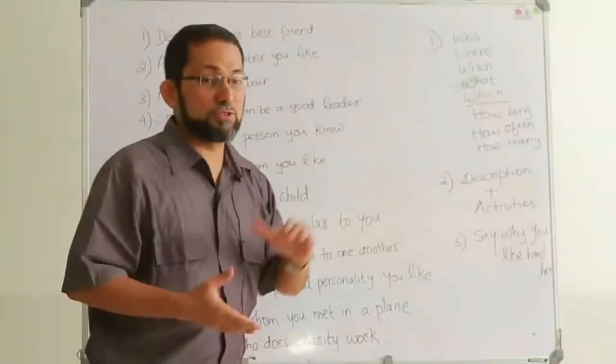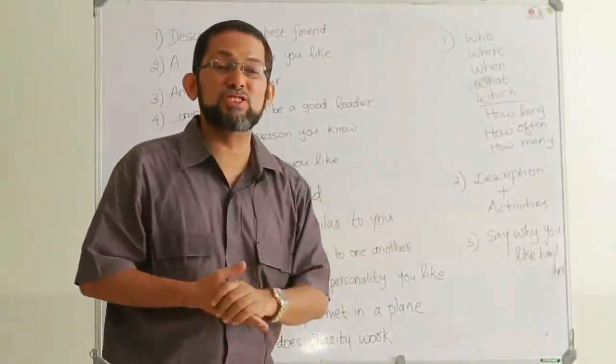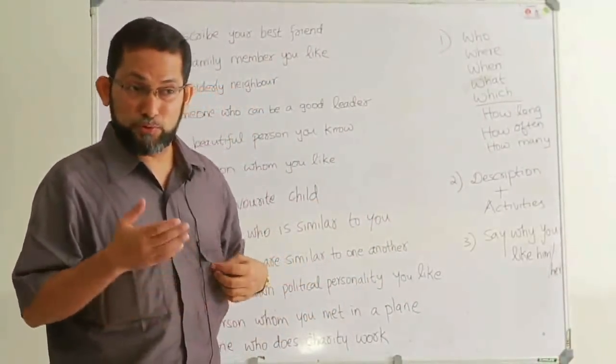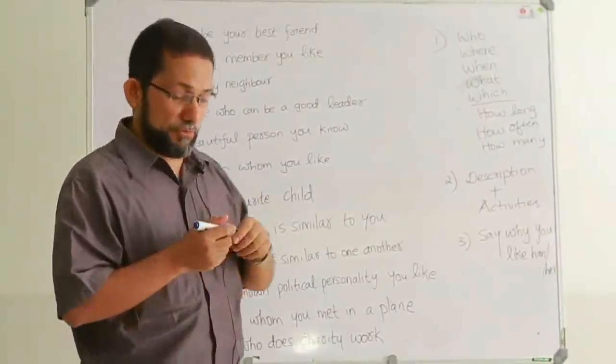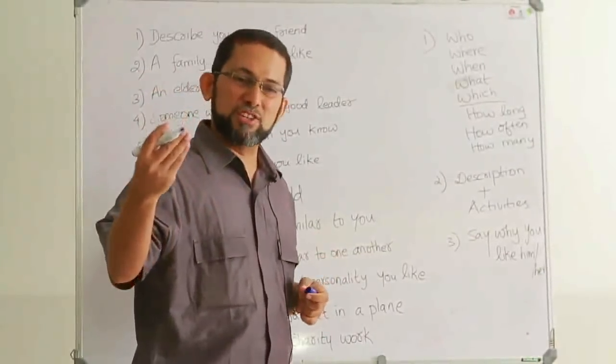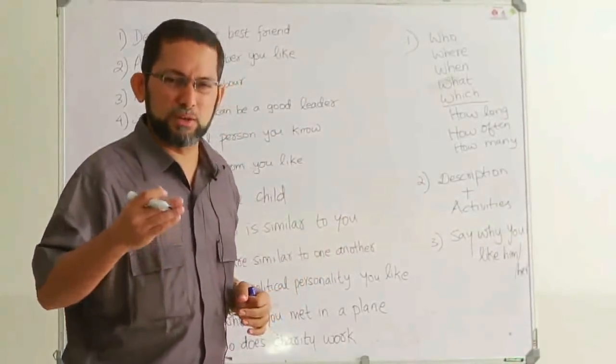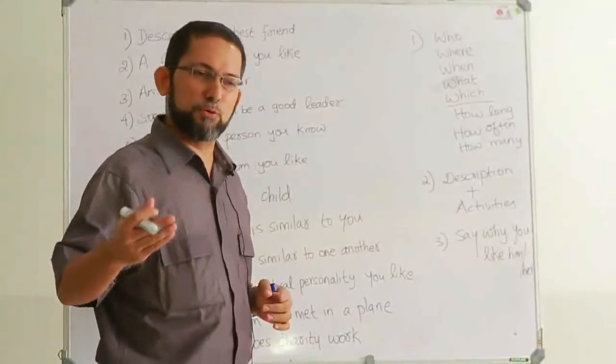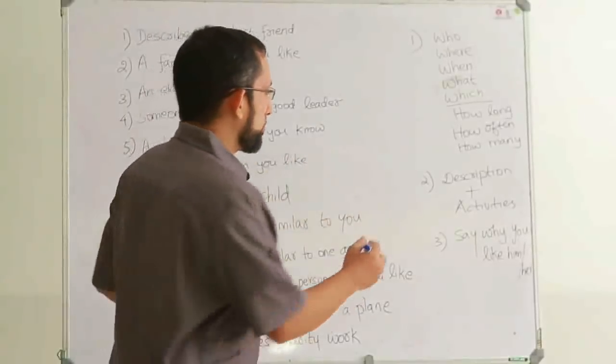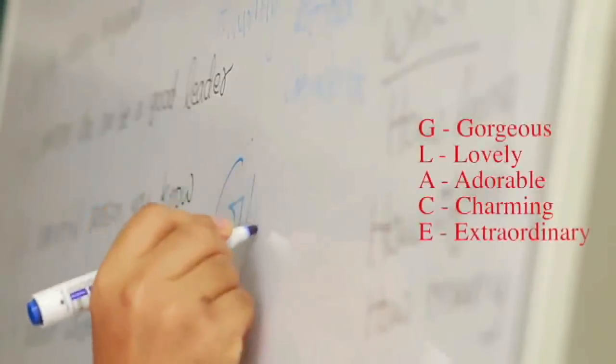So that is the introduction. And then you're going to describe your friend. First you're going to do the physical description. When you do that, we're going to use certain mnemonics, so perhaps it'll be much easier for you to follow. For description, what you could use is GLAZE.